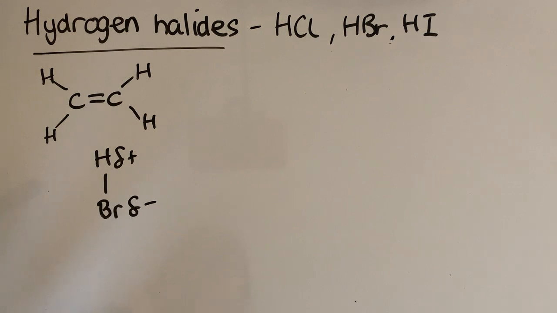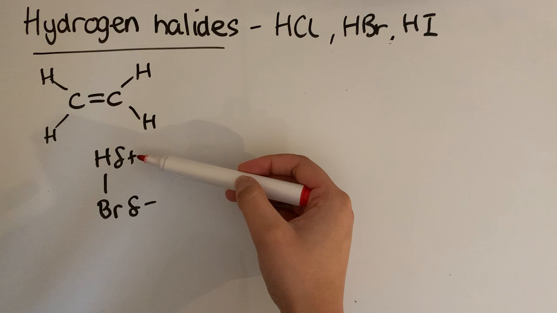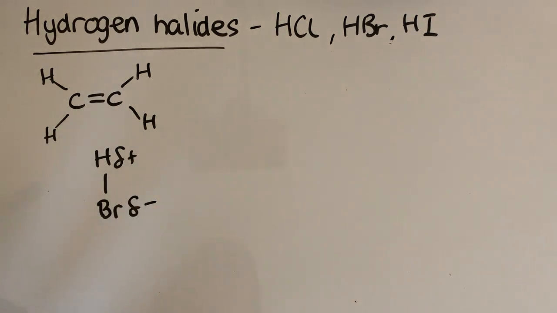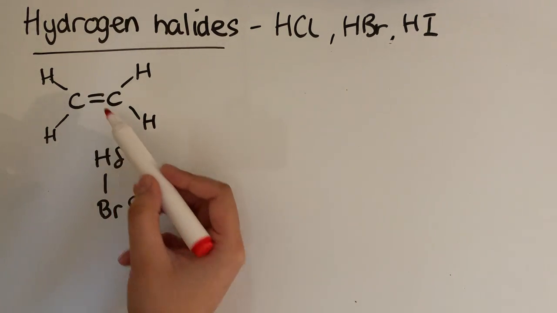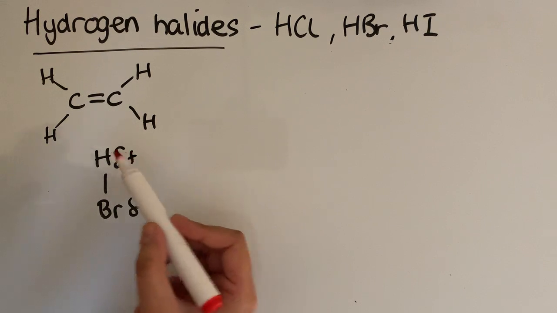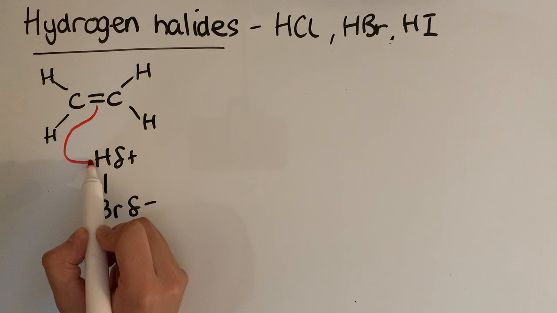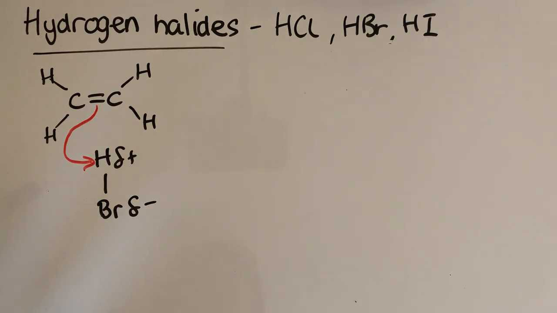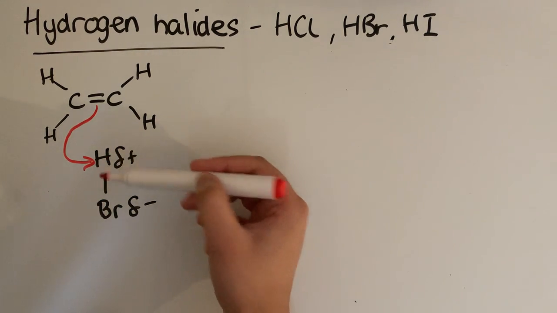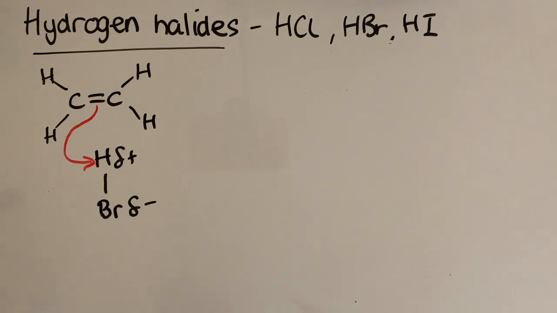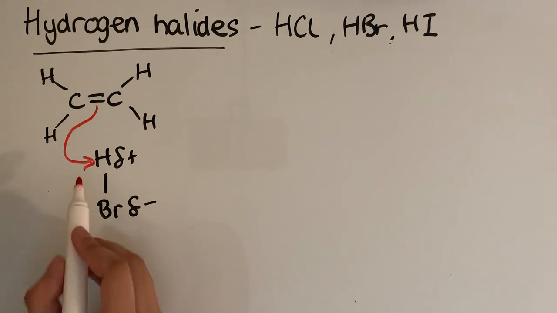Here our HBr is our electrophile because it's going to accept a pair of electrons at the hydrogen delta positive end. So this is electron rich, this is electron deficient, so our curly arrow must start, as usual, from the double bond going to our hydrogen delta positive. Hydrogen can't have more than one bond, so this bond here must break.